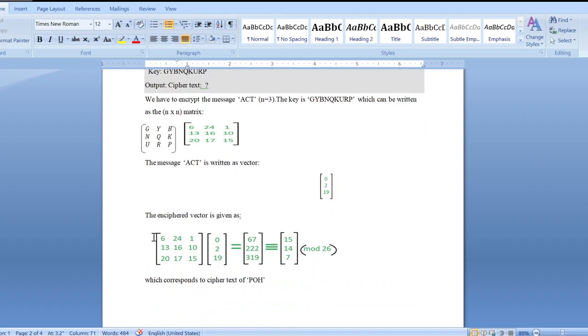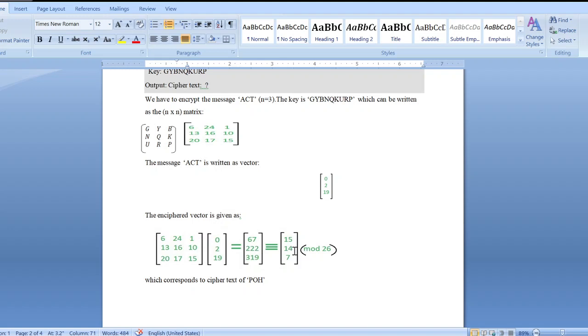Now we have to convert these into ciphertext. The ciphertext formula is C equal to KP mod 26. K is the key, P is the plain text. That means key times plain text, mod 26. We multiply all these values and get the result mod 26.